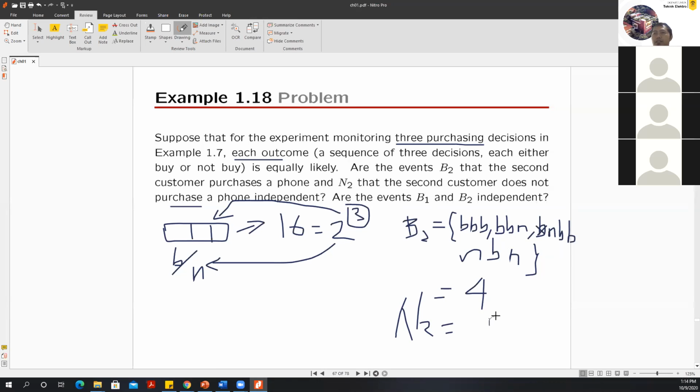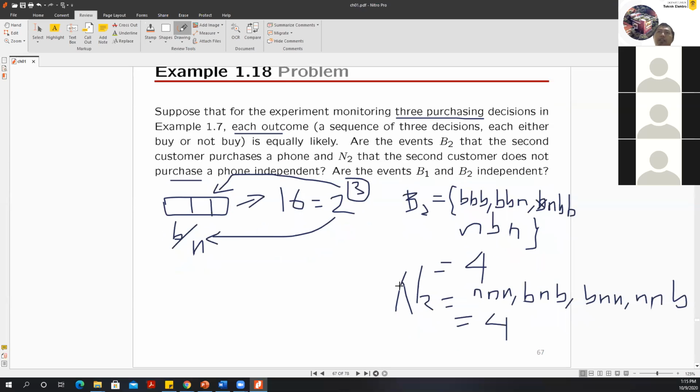The second customer can be N, can be B, and so on. So the total number of members is 4.